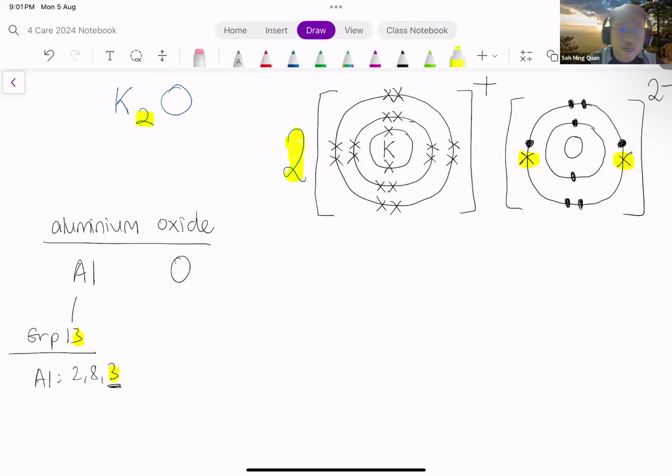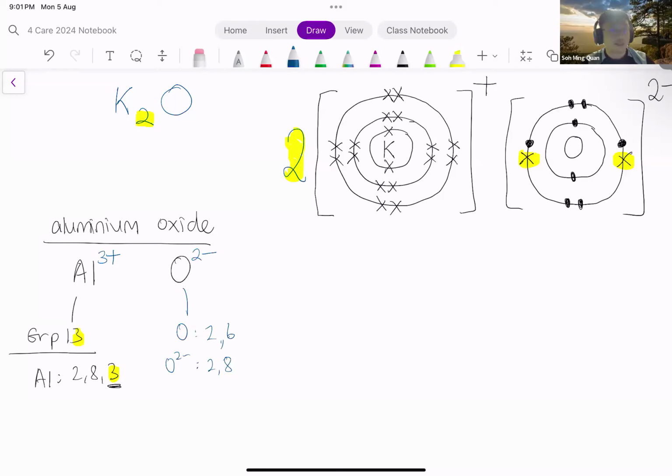If it has 3 valence electrons, it's going to lose 3 valence electrons, and therefore the charge is 3 plus. So all group 13 elements form a 3 plus charge in their ions. Now, oxide, we have gone through this. Oxygen is 2,6, but it will gain 2 valence electrons to form 2,8.